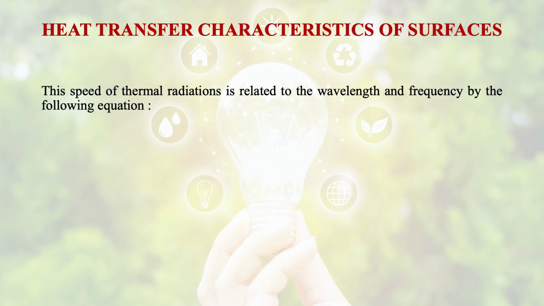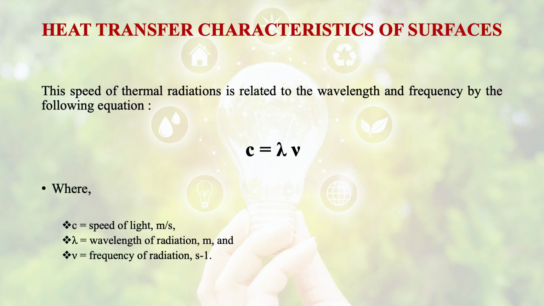The speed of thermal radiation is related to the wavelength and frequency and is given by the relation c = λν, where c is the speed of light in meter per second, λ is the wavelength of radiation in meters, and ν is the frequency of radiation, given in per second or second inverse.